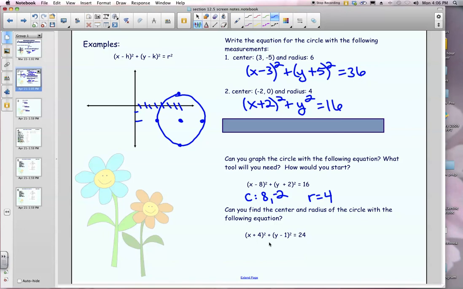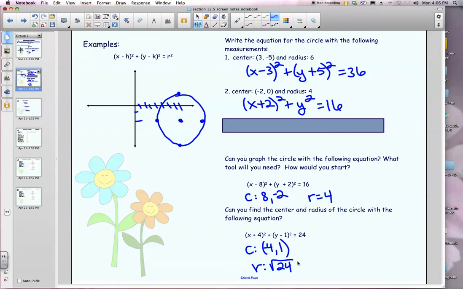Last example, the center of this one. Watch your positives and negatives. So the center would be at -4 and +1, and your radius would be the square root of 24. Now, your square root of 24 isn't in most simplified form.